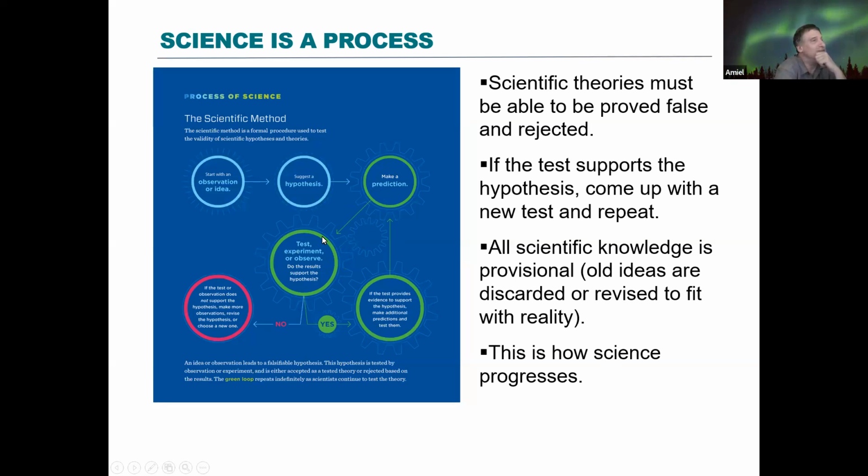Do the results support the hypothesis? Well, if that's a yes, hey, that's a good thing. And now we're over here to this gear on the far right. If the test provides evidence to support the hypothesis, make additional predictions and test them.